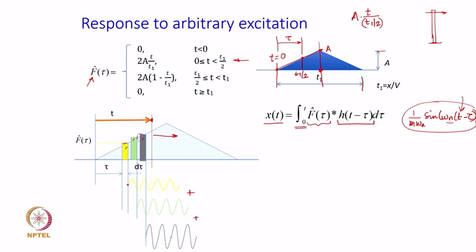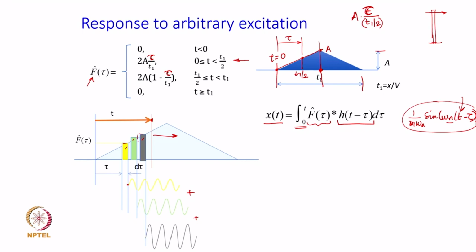Now, this t actually should change to tau. In this expression it is all written as t, but this has to change to tau. So, it is going to be a tau over t1 by 2, and that is how it will get defined, that the amplitude at any instant tau from t equal to 0 will have an amplitude equal to 2a tau over t1.